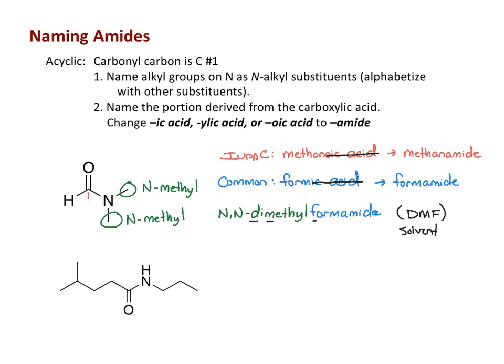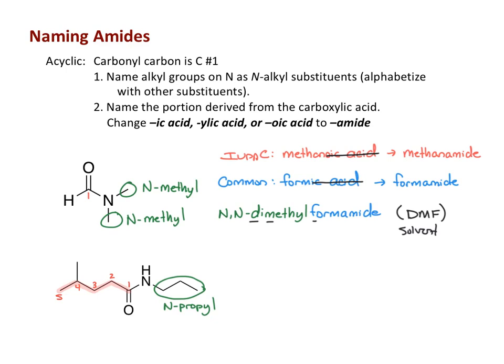Now, if we do the second example, we only have one R group on the nitrogen. It's a propyl group. So that's N-propyl. Then our parent chain, we start at the carbonyl carbon, go out our longest carbon chain, out 5 carbons.